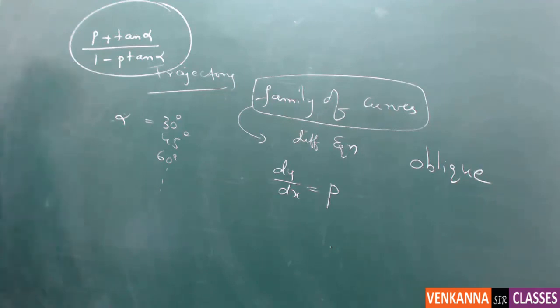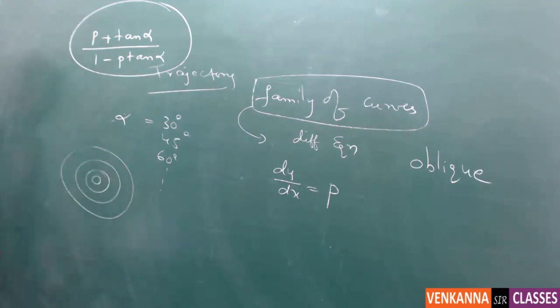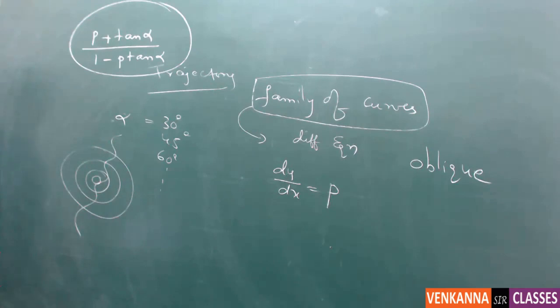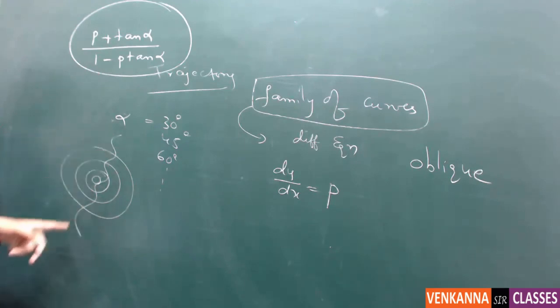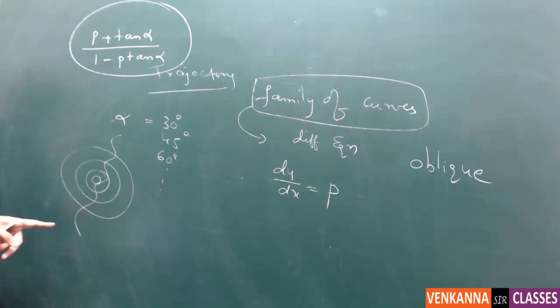So let me take one thing. Now say this is a curve which is cutting each member of this family. Can you say that is this angle fixed here? Yes or no? Right?